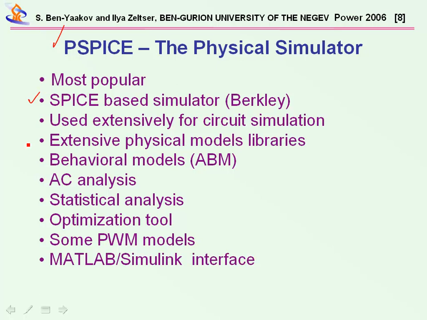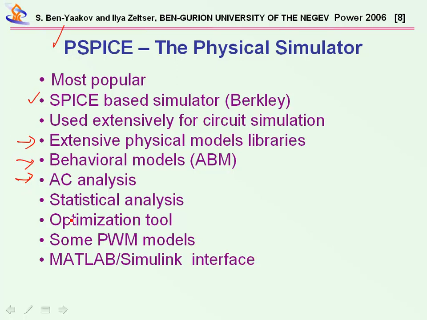It has an extensive physical model for just about all the elements. All vendors of transistors, diodes, and active elements supply models for SPICE. It has a library for behavioral models. It can run AC analysis after linearization. It has statistical packages.